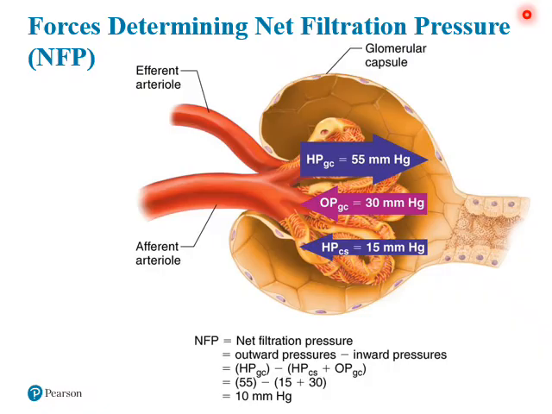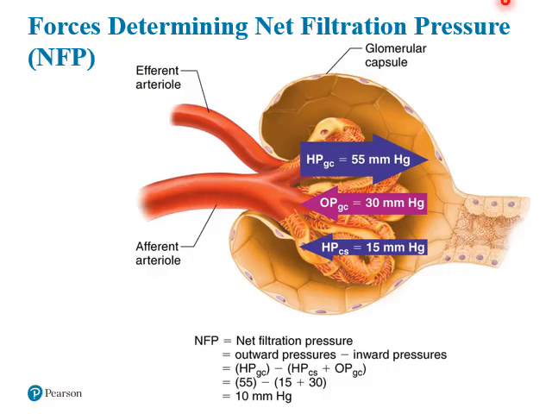In the kidneys, in the glomerulus itself, the capillary force is about 55 millimeters of mercury pressure, and that is present right here in the afferent arteriole.